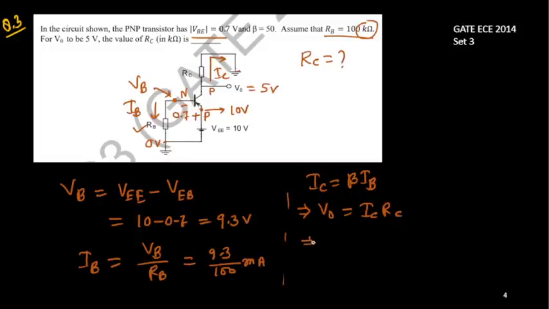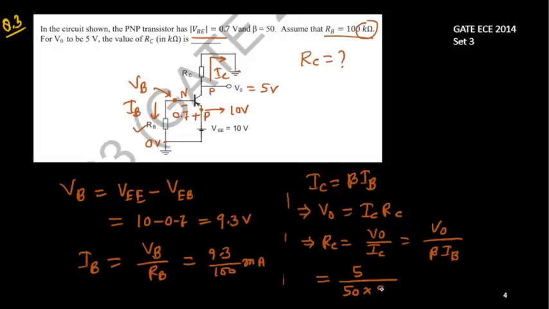So I can find out the RC value. RC is nothing but V0 by IC, and IC is beta IB. If you replace all the values, you will get the exact value for RC. So V0 is given as 5, beta is 50, and IB is 9.3 by 100, and this 100 will come here, so that much milli.